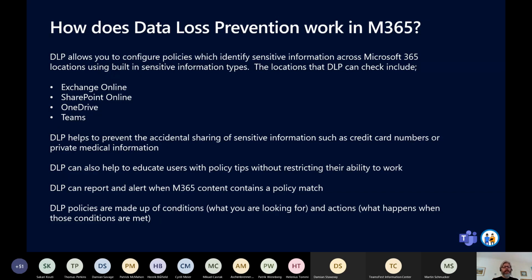But DLP allows you to configure policies which identify sensitive information across Microsoft 365 locations using built-in sensitive information types, and we will go through these as we go through the slides. The locations that DLP can check include Exchange Online, SharePoint Online, OneDrive, and Teams.